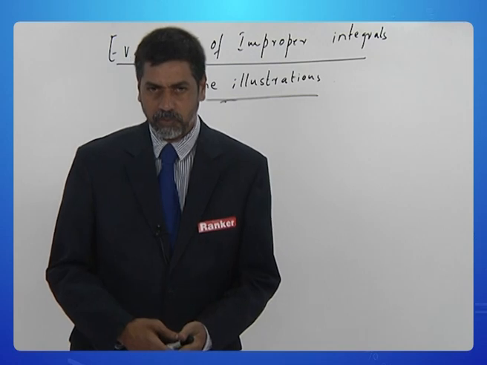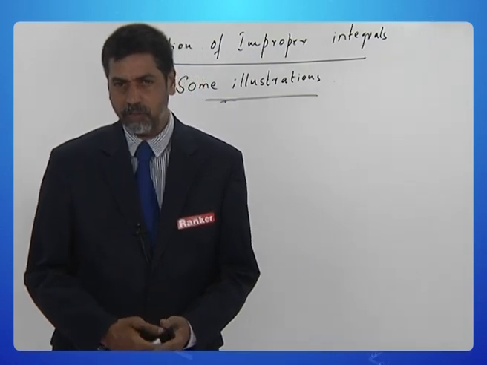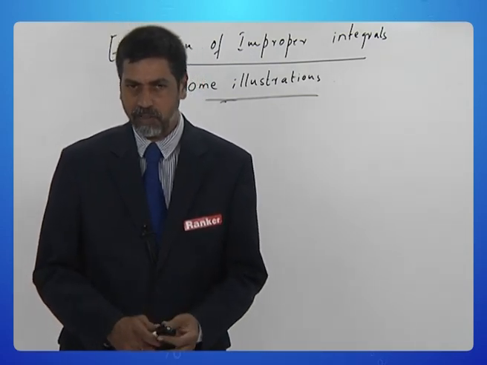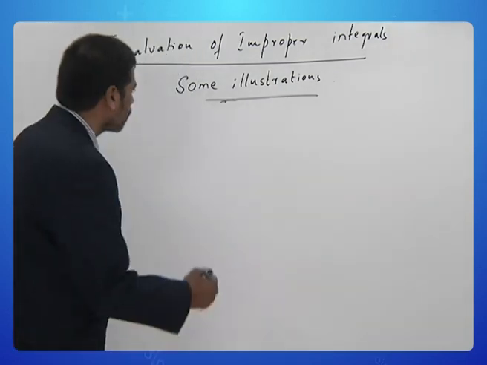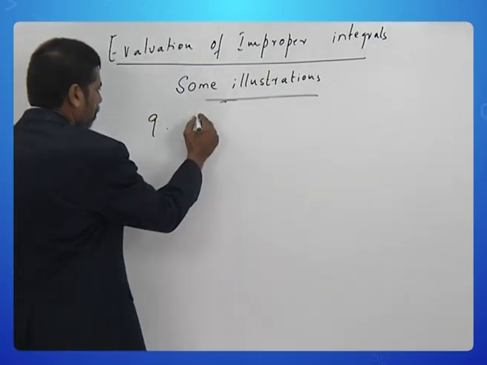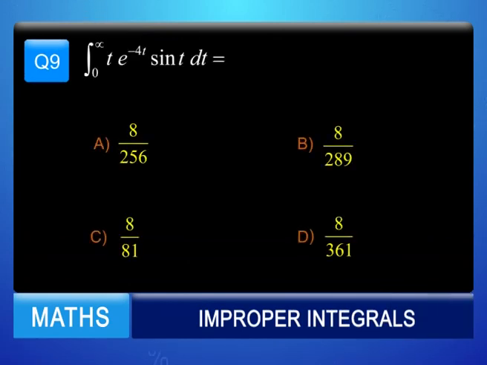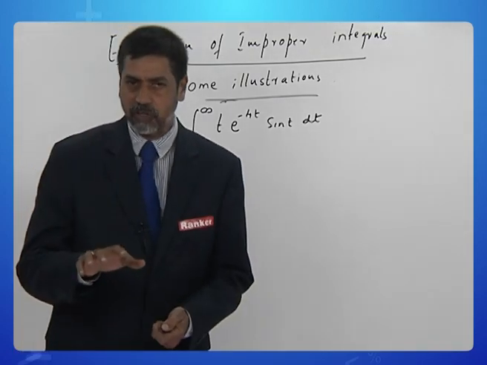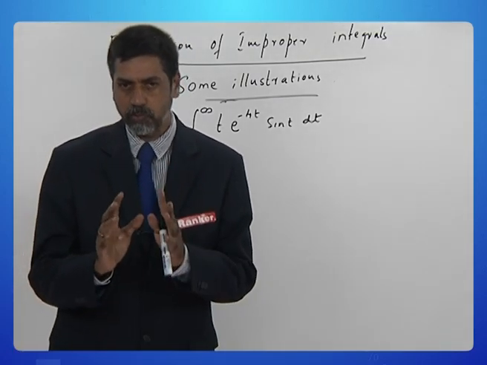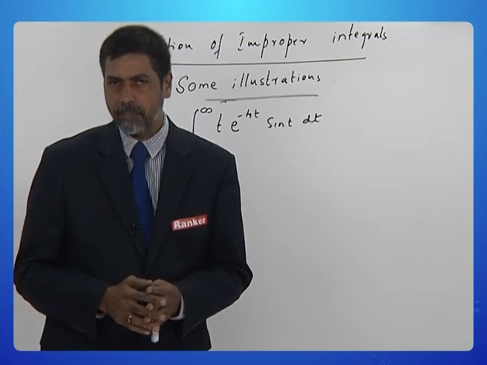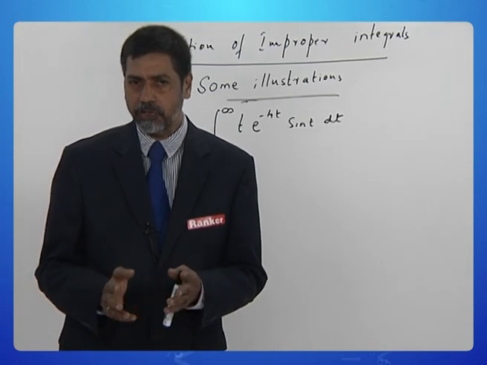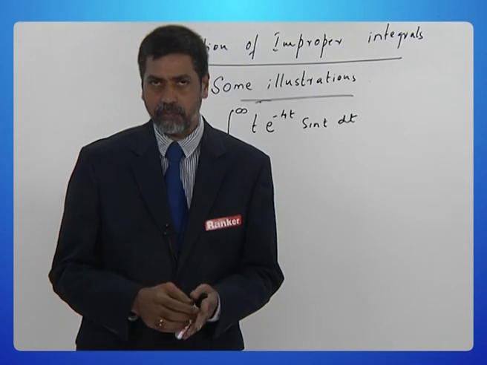The next question that I'm going to take you can be solved by the Laplace transform method. The question is integral 0 to infinity t into e power minus 4t sin t dt. Within Laplace transforms, there are two possible approaches, and I will take you to the easiest one.